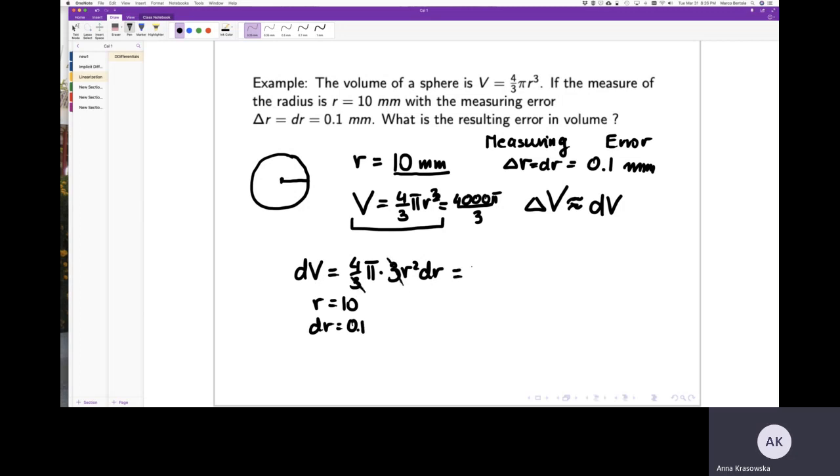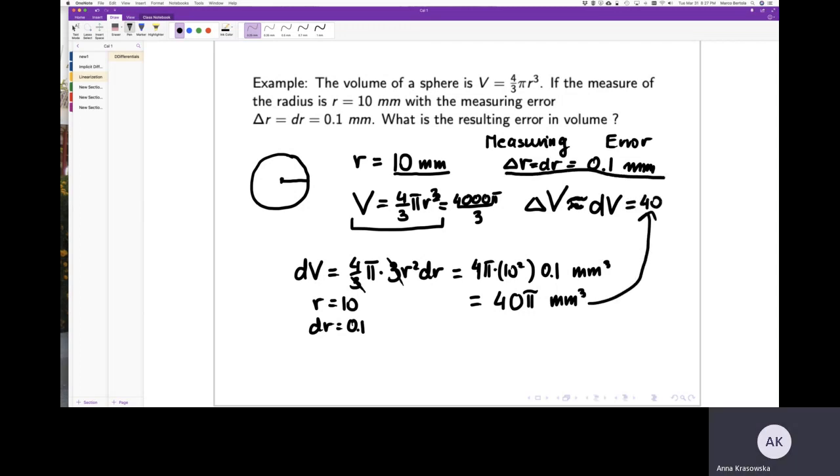We will have 4 pi times 10 squared times 0.1. It will be in cubic millimeters, which is 40 pi cubic millimeters. Okay, so that's the resulting error in volume. That's what we found, the approximation of it using a differential.